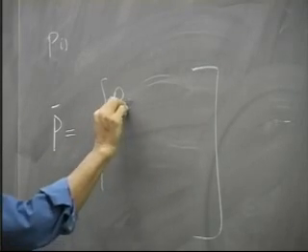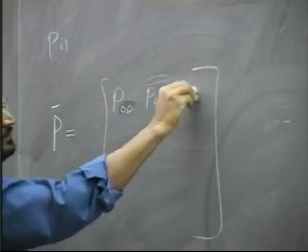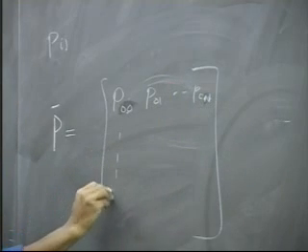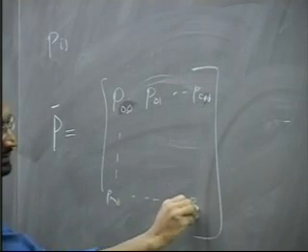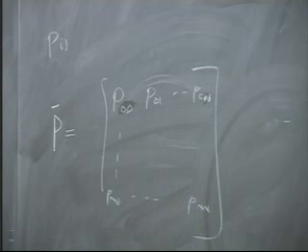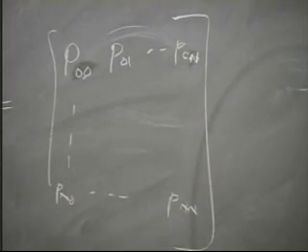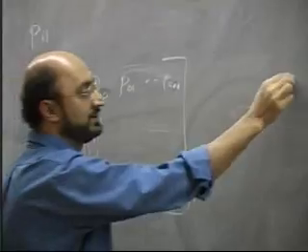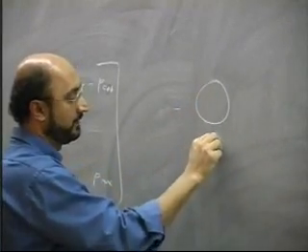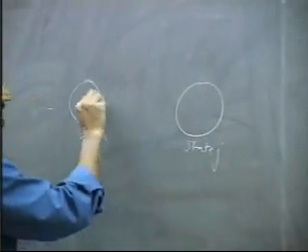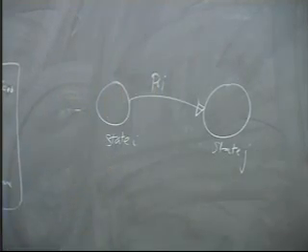So it will be P00, P01, P0k, and so on, down to Pn0, Pnn if you have states 0 to n. This matrix tells you the time-independent probability of going from any state to any other state. And of course, there's the equivalent representation which looks like this. I have state i, I have state j, and I draw an arc from i to j, and on it I write down Pij, and these are equivalent.